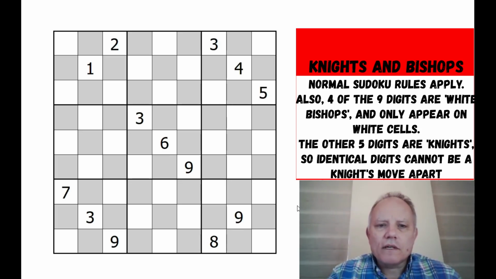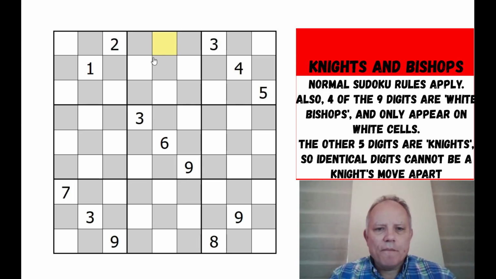Yeah, this is important. How many white cells are there on the board? There are 4 in every box, and in 5 of the boxes there are 5. So that is 4 times 9 is 36 plus 5 more. There are 41 cells that are white on the board, and 36 of them have to be occupied by the 4 white bishops.